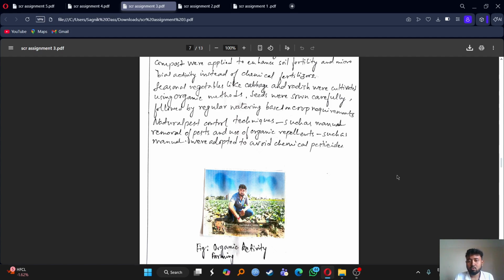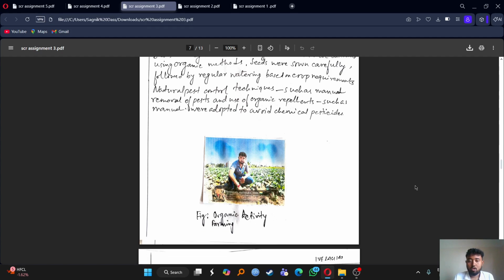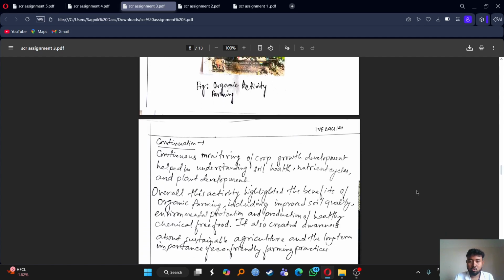We used to check whether there were any pests or organic issues with the plants. We checked thoroughly. We used organic repellents, not even chemical repellents, to remove this kind of pests. We didn't use medicines also.